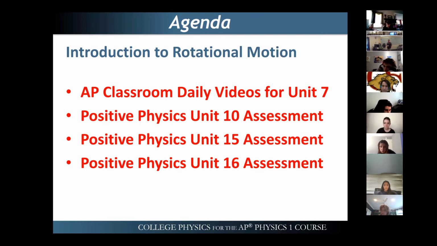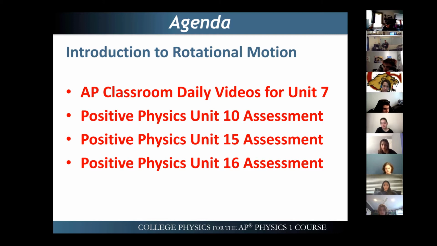So if you look at those Positive Physics quizzes that are coming due, the unit 10 assessment on Positive Physics is due Monday, and it is on uniform circular motion, what we've just wrapped up. And then units 15 and 16 on Positive Physics are about rotation that we're starting today. So it's all about this unit 7 on Axis, unit 7 on AP Classroom.